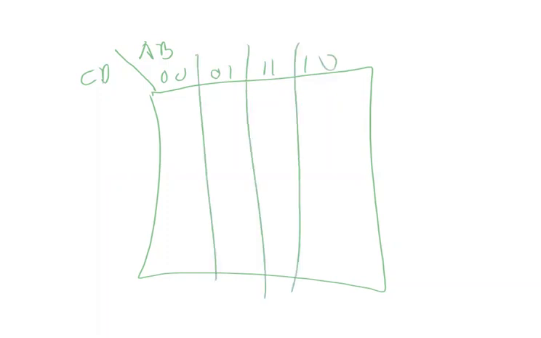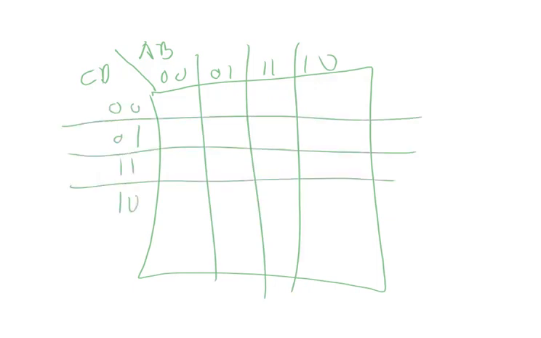Okay, make a nice big KMAP. A, B, C, D, 0, 0, 0, 1, 1, 1, 1, 0. And let's work this problem. 0, 0, 0, 1, 1, 1, 1, 0. And then 0, 1, 2, 3, 4, 5, 6, 7, 8, 9, 10, 11, 12, 13, 14, 15.